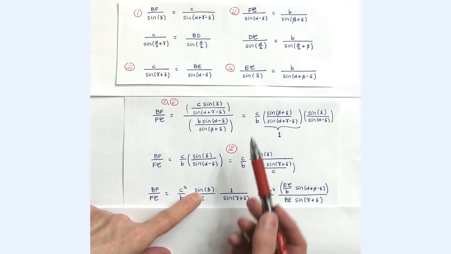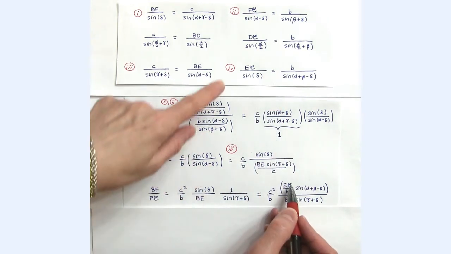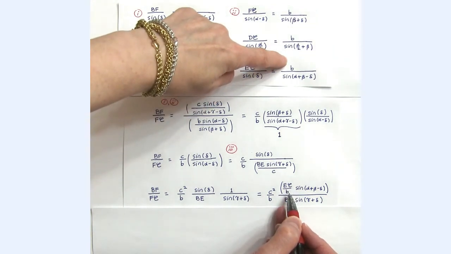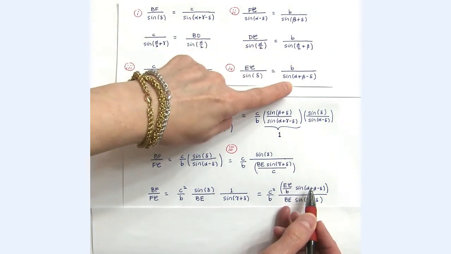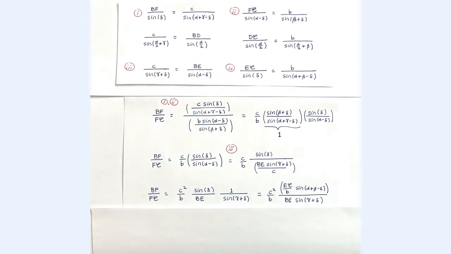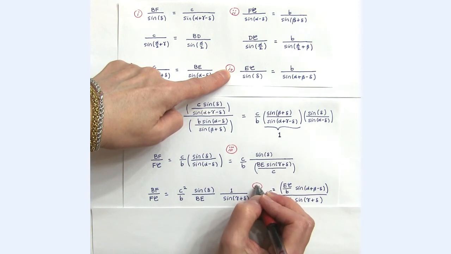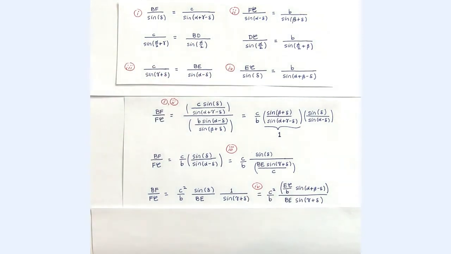When I solve for the sine of delta, I get EC over B times the sine of alpha plus beta minus delta, like this. And so going from here to here, I used equation 4, like this. I'm almost done. I'm now going to simplify this stack of ratios, like this.